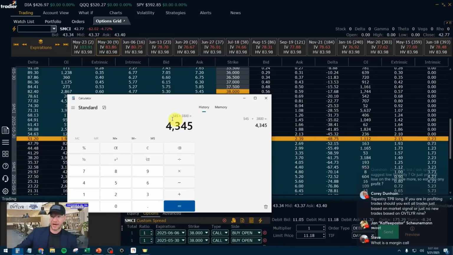Now if I don't have $4,300 in my account, I'll get a margin call that'll say, hey, you bought this option and it was exercised for $38. Congratulations, you own 100 shares of stock. Now if you don't have $4,300, maybe you only had $600 in your account, you now owe us the difference.